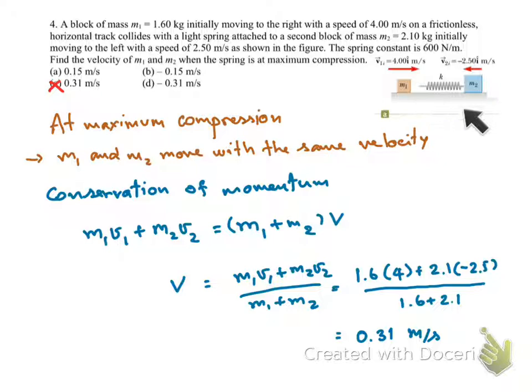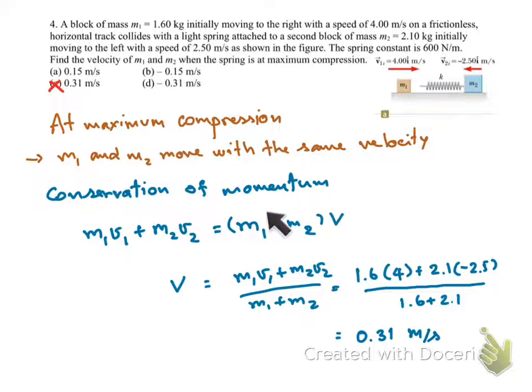Here we can consider this problem as a collision problem, and we can use the conservation of momentum in this case. We know that at this point, the spring has maximum compression and they both move with the same velocity.